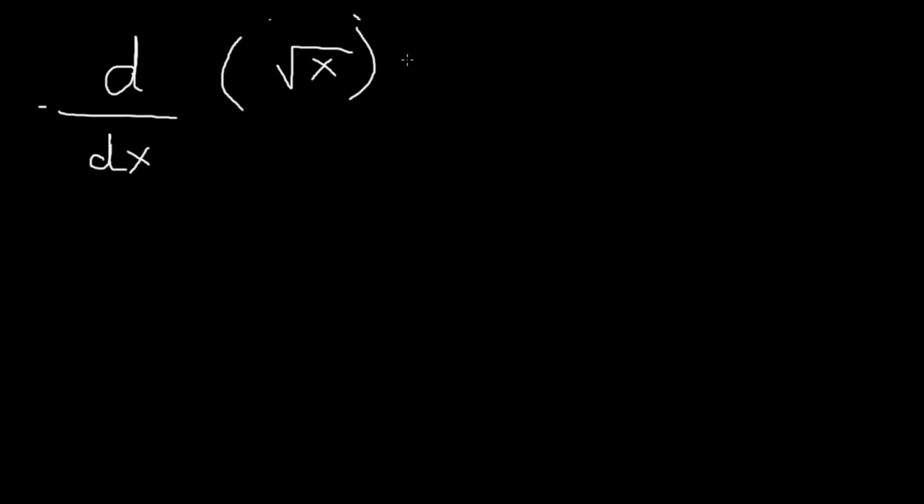There's another type of example. Let's say the derivative of the square root of x. We can apply the power rule. So convert this to exponent form. Square root means raised to the half power. So this equals x to the 1/2. And now we can use the power rule.